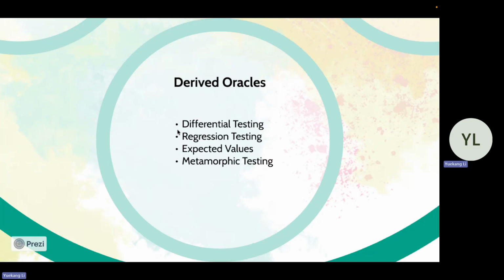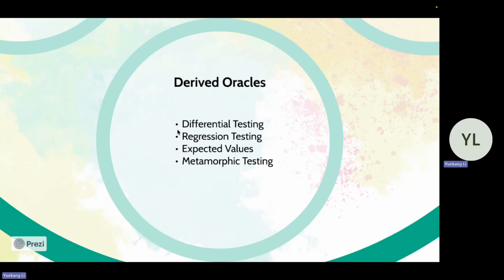We feed them the same test input and observe the differences among their outputs. If they output different things for the same input, then at least one of them is wrong. That's the idea of differential testing.